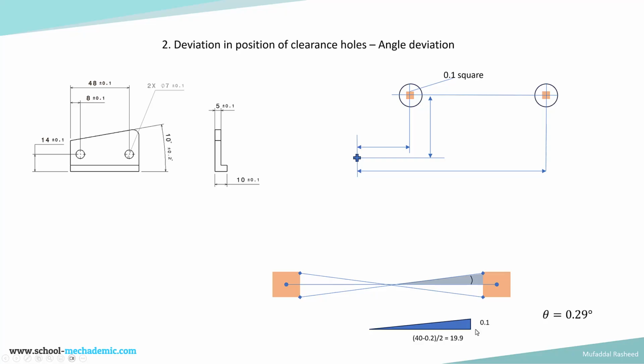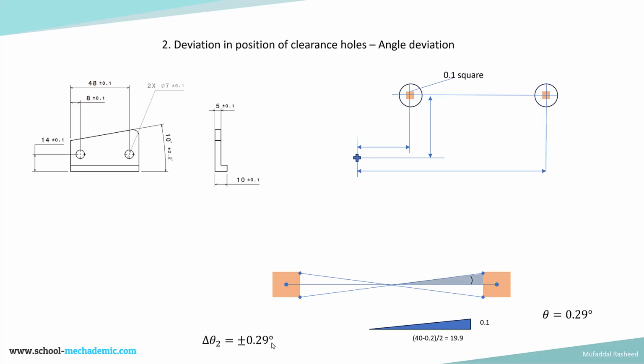Opposite by adjacent gives tan theta, and the tan inverse of that gives theta. So theta is equal to 0.29 degrees and the variation is plus or minus 0.29. Now the deviation because of the position of the tapped holes and the deviation because of the position of the clearance holes does not always stack up.